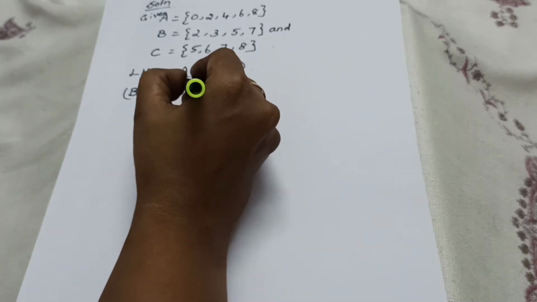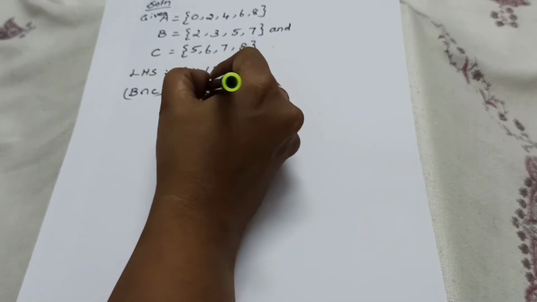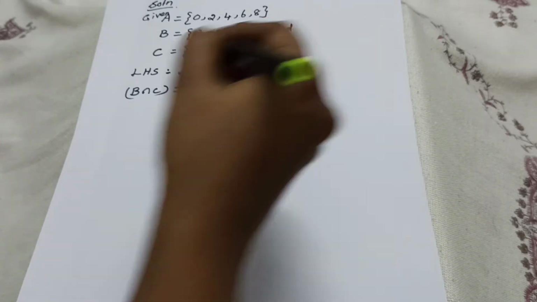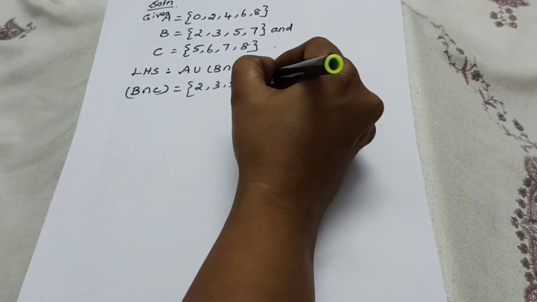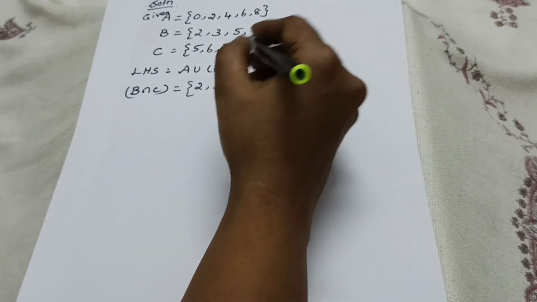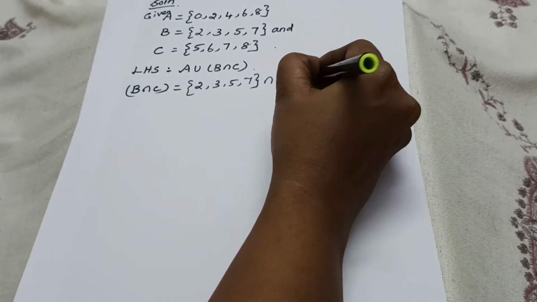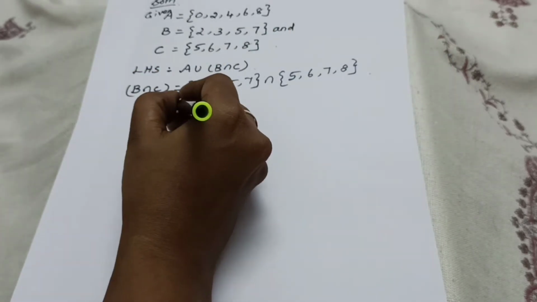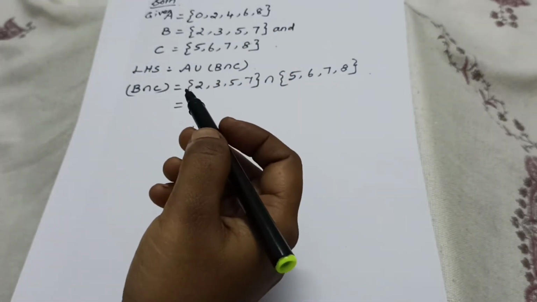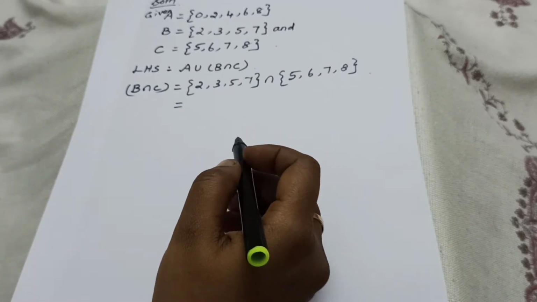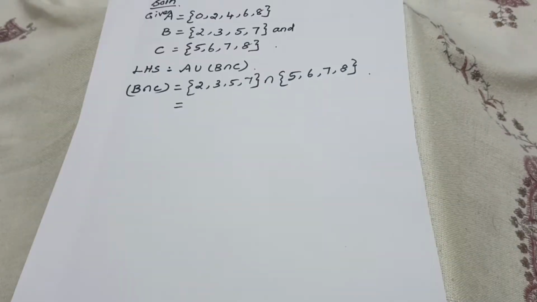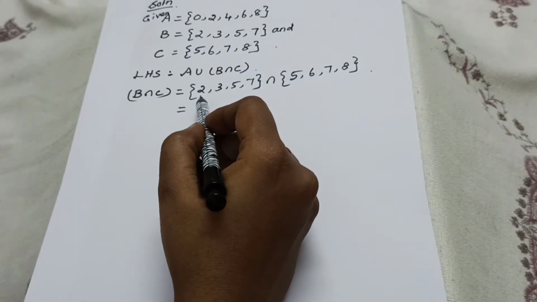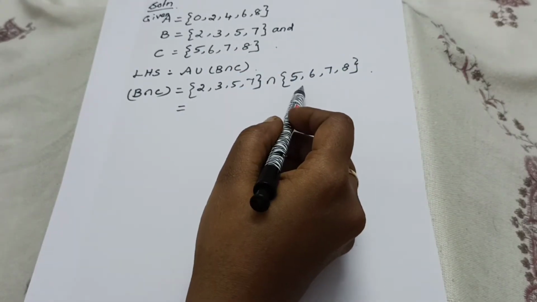B intersection C means what are the B elements? 2, 3, 5, 7. Very good. Then here which symbol is this? Intersection. Then C is 5, 6, 7, 8. Both intersection, you say which is common? 2 is not in the C set.